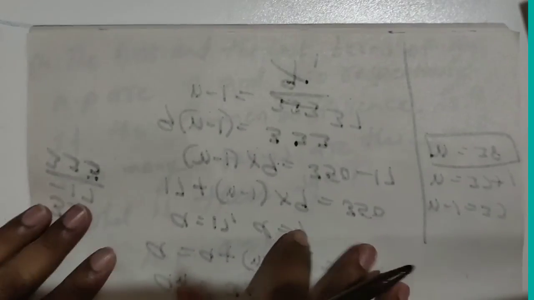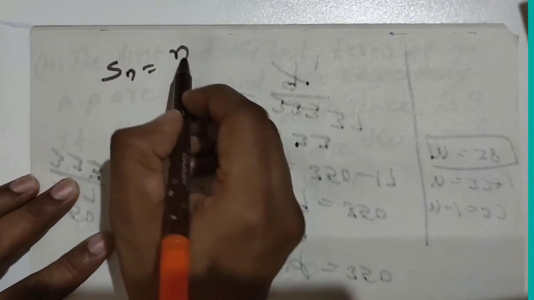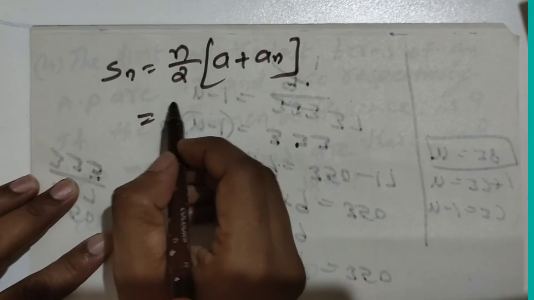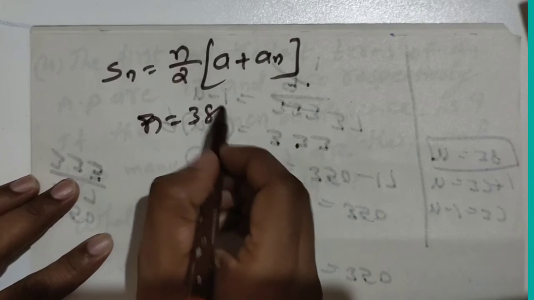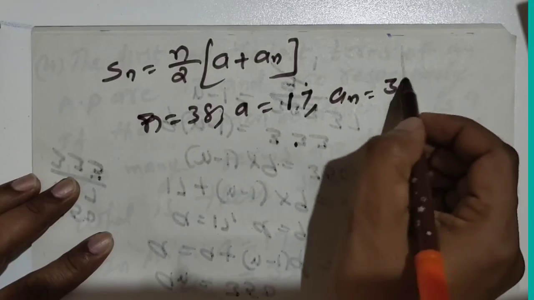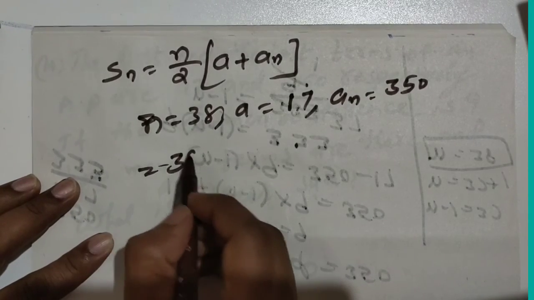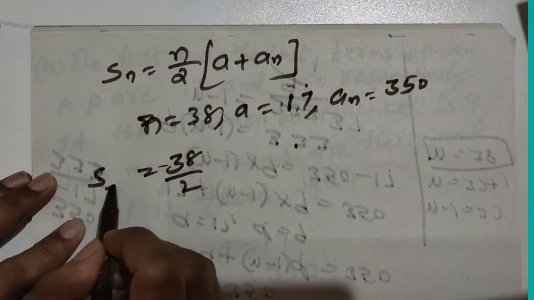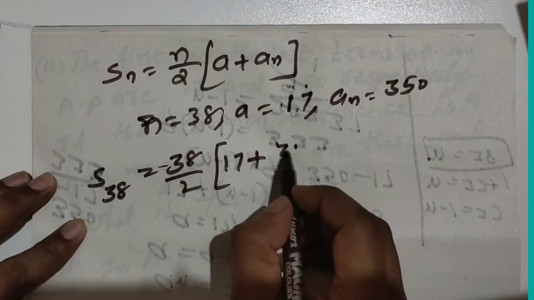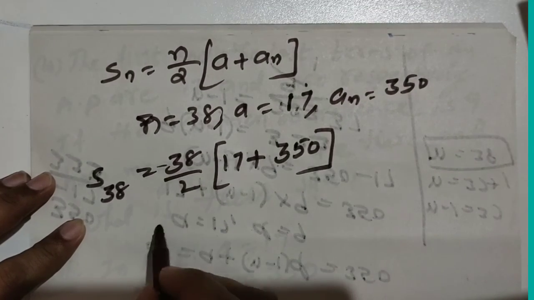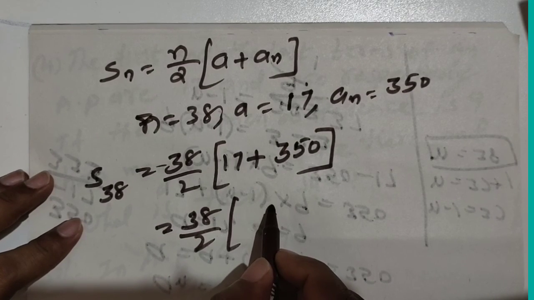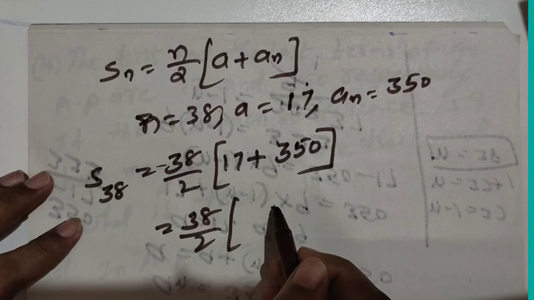Now we need to find the sum of 38 terms. That is Sn is equal to, we can apply simply n by 2 into a plus an, that is the last term we have already. n value is 38, a value is 17, an is 350. Substitute: 38 by 2 into 17 plus 350, which is 367.